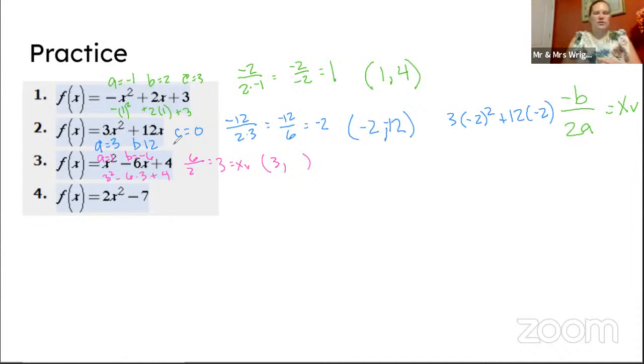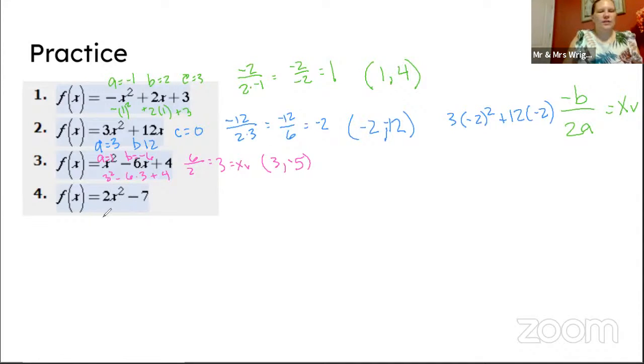That's what I'm going to enter into my calculator. 3 squared minus 6 times 3 plus 4, enter, -5. So we get -5 here. Our vertex is (3, -5).